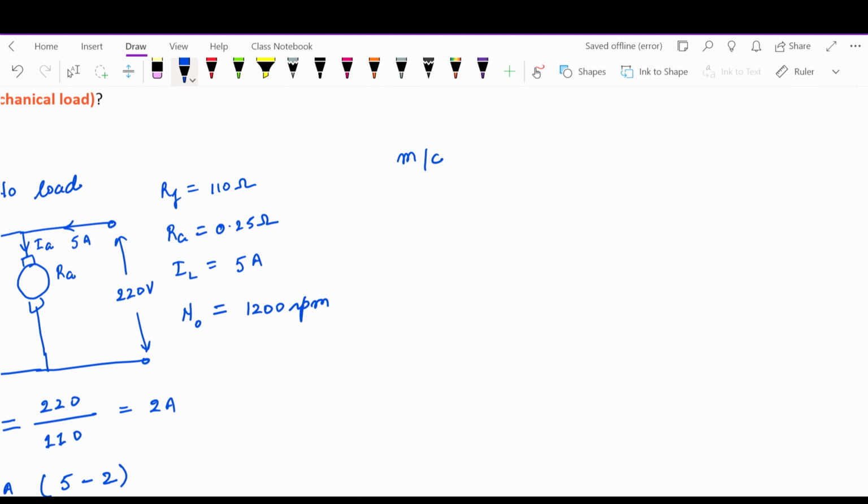Now simultaneously we will consider the condition that the machine is at full load. The machine is now running at full load or its rated capacity. So similarly we'll draw the sketch. Now the field current will remain the same.